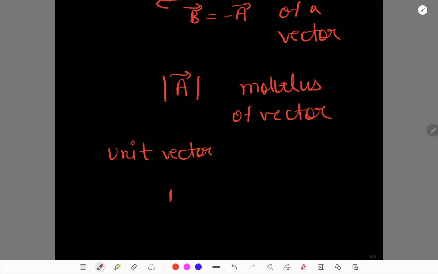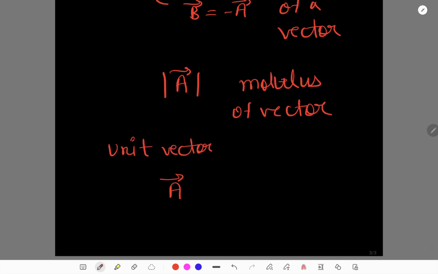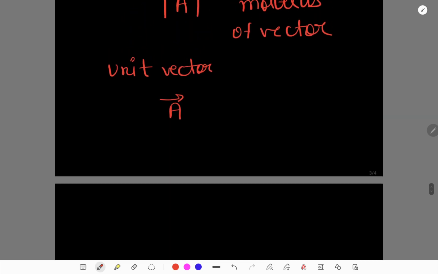Let's consider a vector A. Vector A is equal to the modulus of vector A times unit vector A. We can easily find here that unit vector A equals vector A divided by the modulus of vector A.